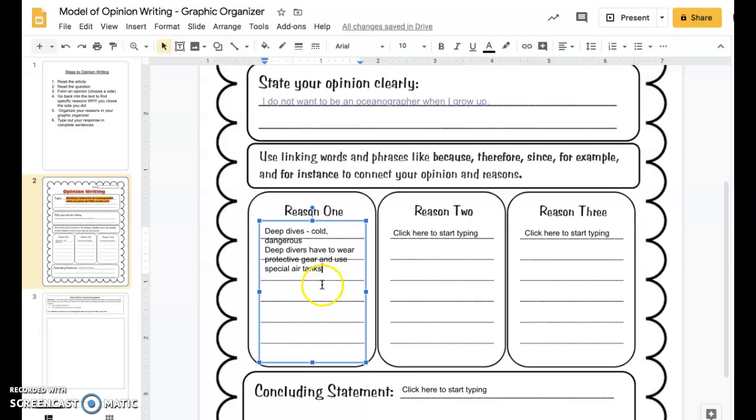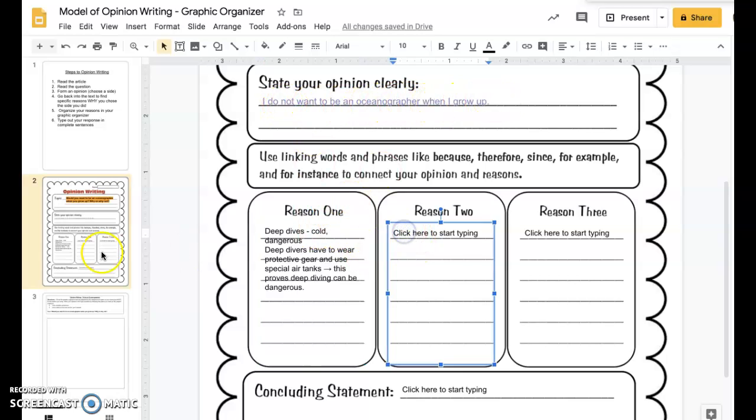Why is them wearing protective gear and using special air tanks a part of my reason? Well, it's just proving that deep diving can be dangerous. So I'm going to write that. This proves deep diving can be dangerous. So that's one reason I do not want to be an oceanographer when I grow up.